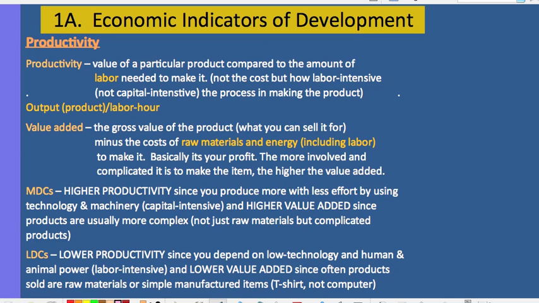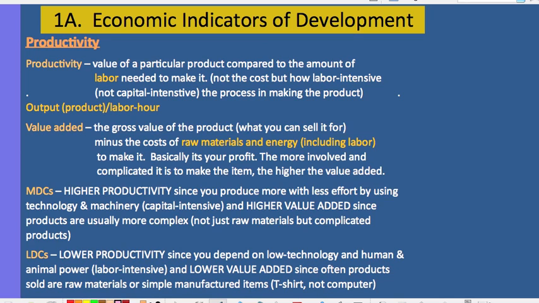Right? So when you look at productivity, comparing MDCs and LDCs, MDCs usually have very high productivity in making their products because they usually use capital intensive means. It means they use a lot of machinery, and so they're very productive in making their products. Also, MDCs typically make things that are a lot more complicated.